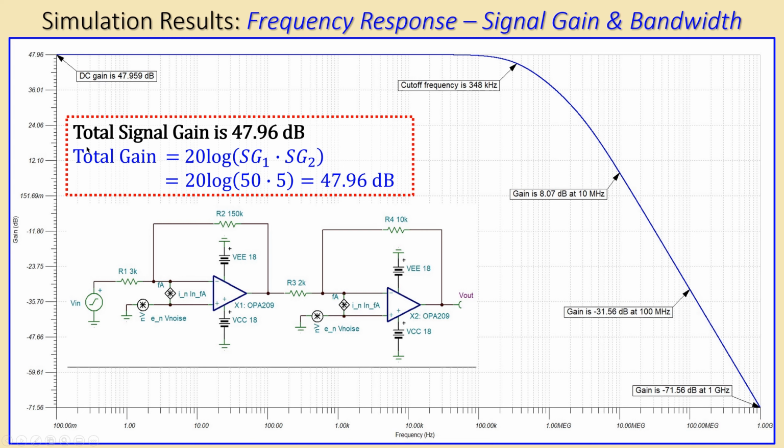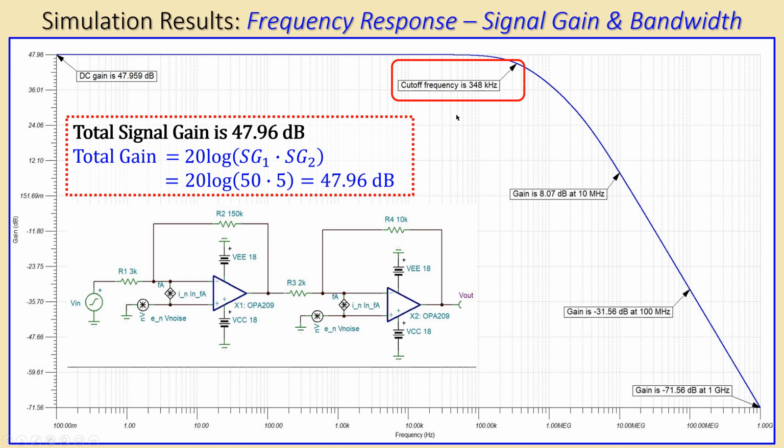So that's verified. The cutoff frequency for the first stage was 353 kilohertz. That was our signal bandwidth, just looking at the first stage. And for the second stage, we had 3 megahertz as our signal bandwidth. But if I look at the cutoff frequency of the complete circuit, it is 348 kilohertz.